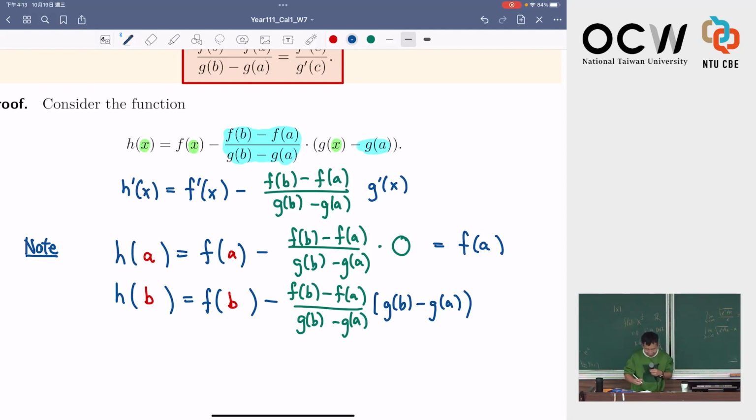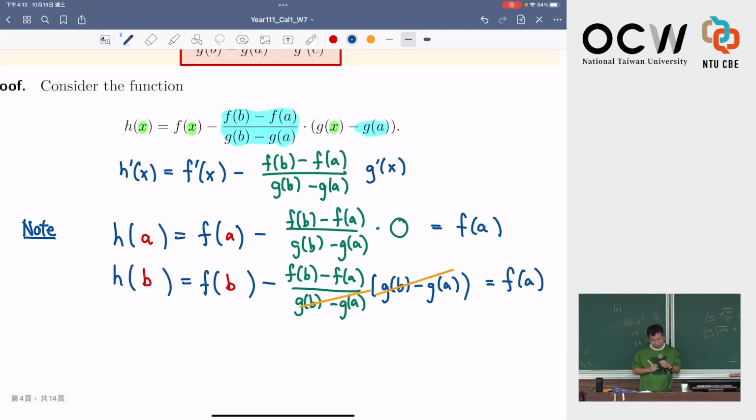But that's a fantastic thing, you can do cancellation. Cute, okay? Then if you stare at it long enough, you realize that it is f of a as well.